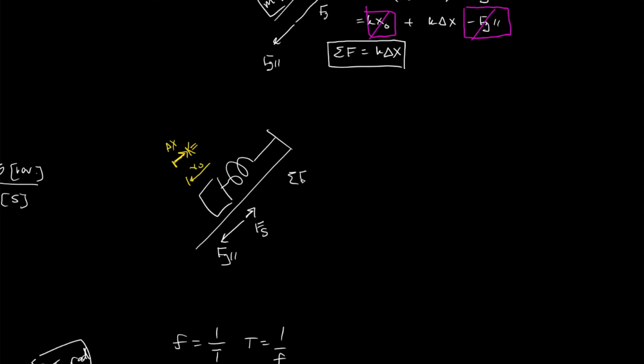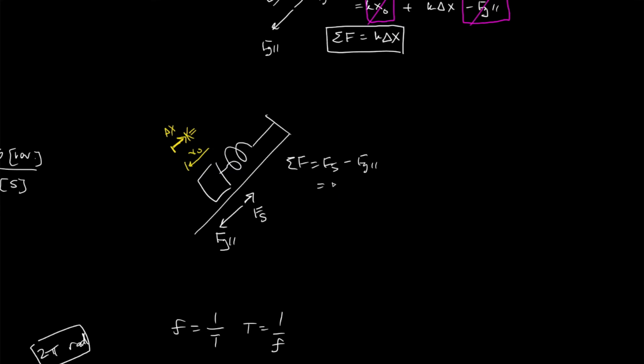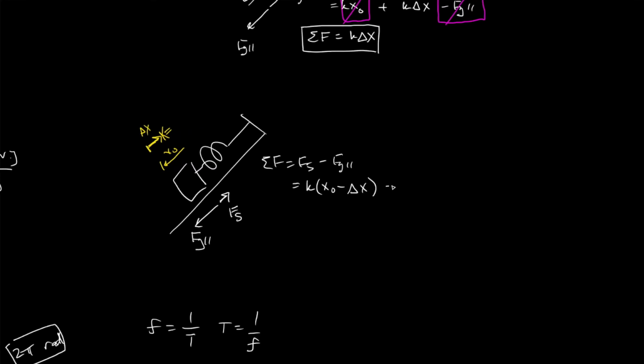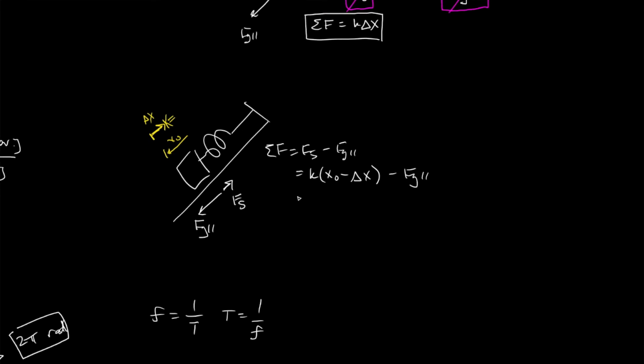So our net force is still Fs minus Fg parallel, which is k times x naught minus delta x, minus Fg parallel, or k x naught minus k delta x minus Fg parallel.